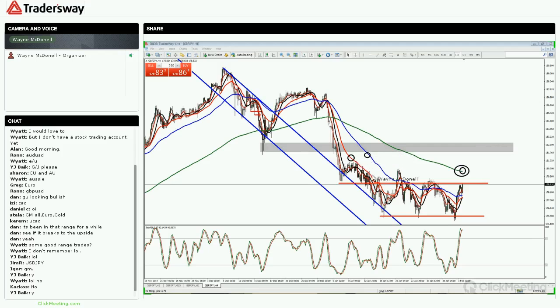Remember, they're a dynamic level of support and resistance because the 21 and 55 to me represent together the marketplace, whether the market is bearish, or bearish aggressively or conservatively, falling quickly, falling slowly, falling evenly.